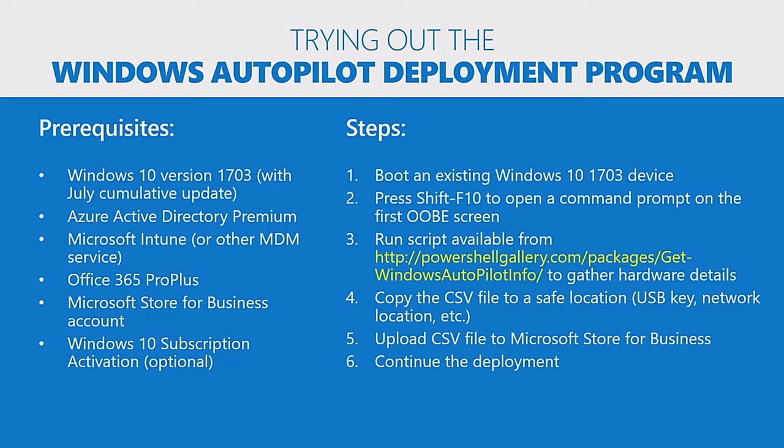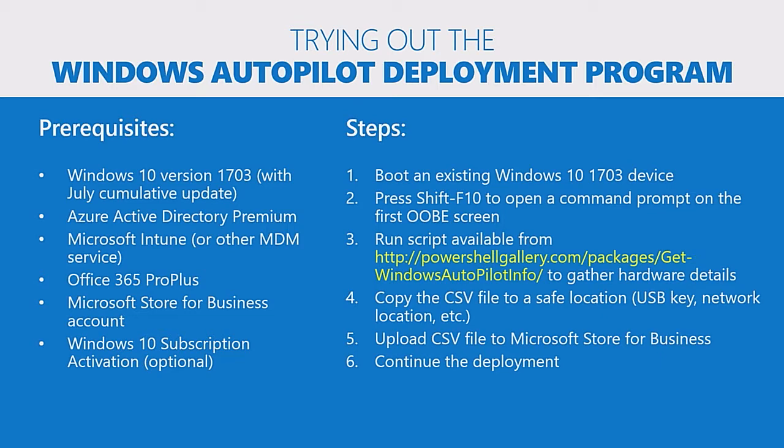The tenant admin could then delegate access to other users in the organization so that they can then maintain the list of devices. And if you want to take advantage of that automatic step up to go from Windows 10 Pro automatically to Windows 10 Enterprise, you need to set up Windows 10 subscription activation. We'll talk a little bit more about that in a few minutes.